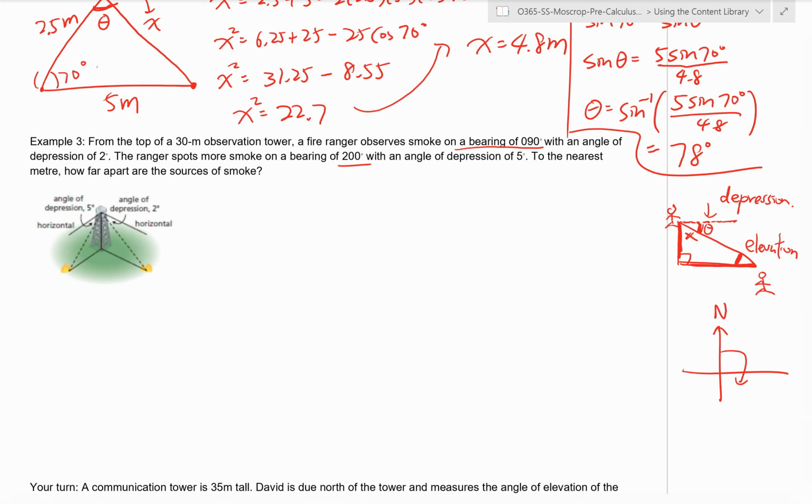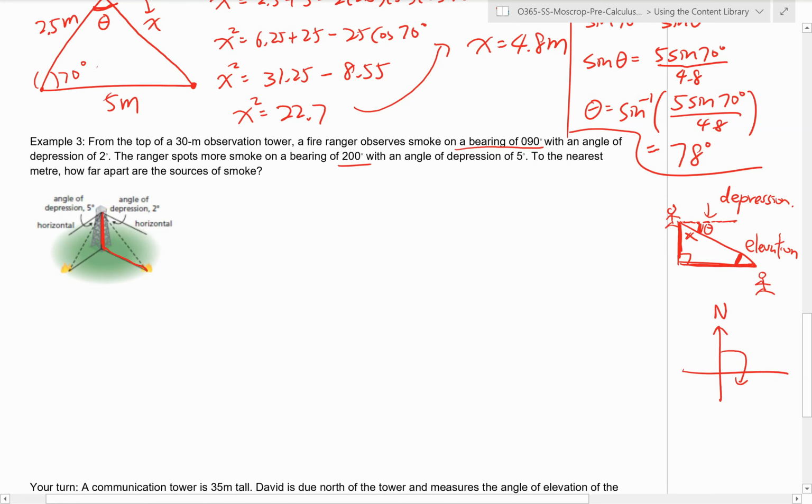Okay, so now I'm going to show you how I'm going to do this question here. This is 3D, as you can see from this diagram here. So what I'm going to do right now is break this 3D diagram into two 2D diagrams. Okay, so you can see we have two triangles here, right? This is the height of the tower.